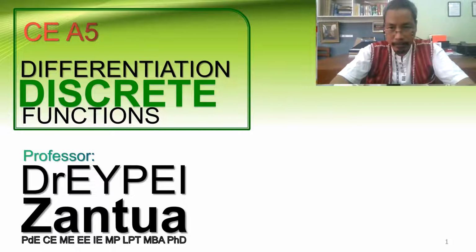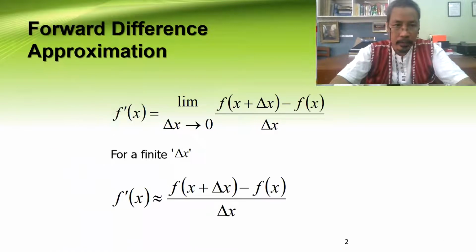Let us continue. So, there are three different methods that we apply in our differentiation of functions in terms of numerical methods. Meaning we would like to estimate the derivative of a function with an acceptable level of tolerance.